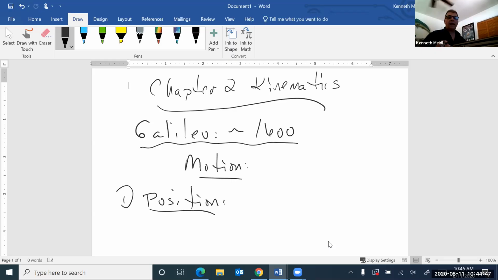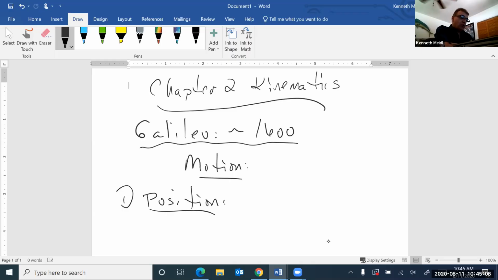Now, to Galileo, position means exactly this. Where is the object relative to where it started? Nothing more, nothing less. Where is the object relative to where it started?